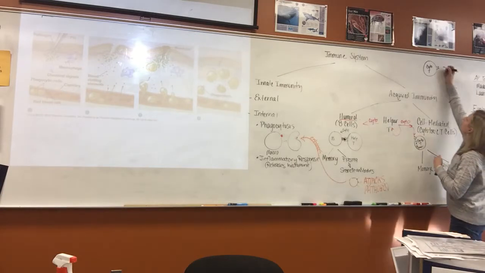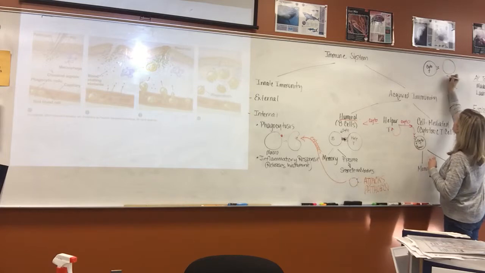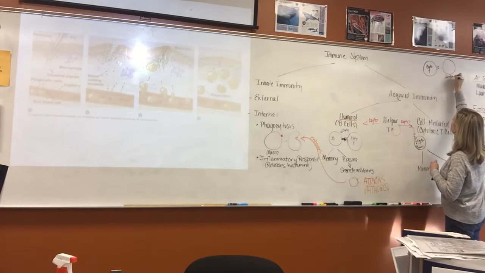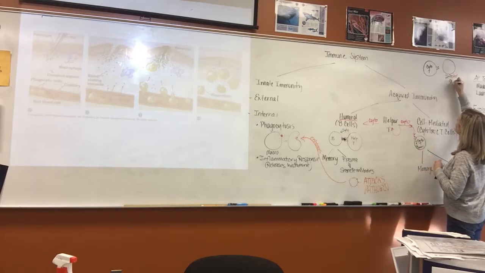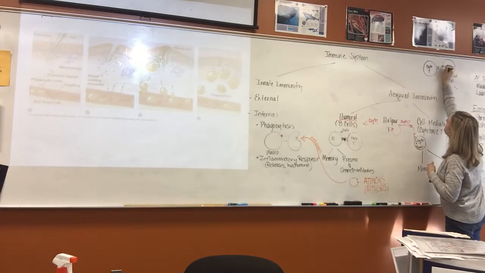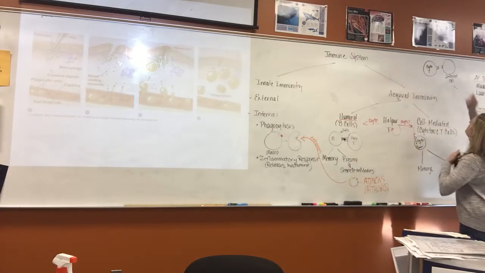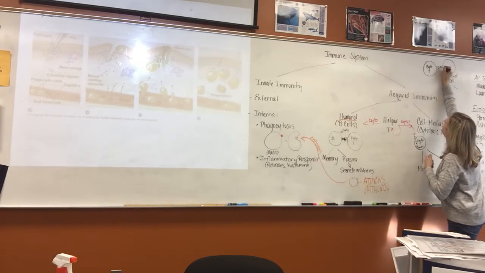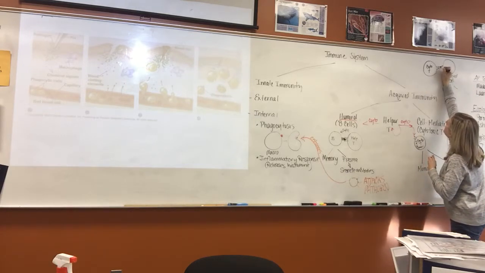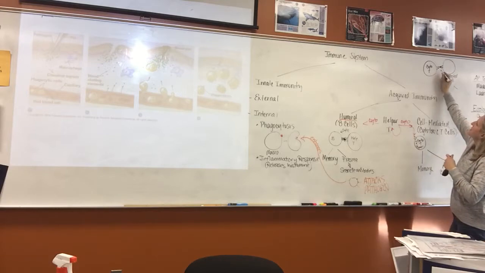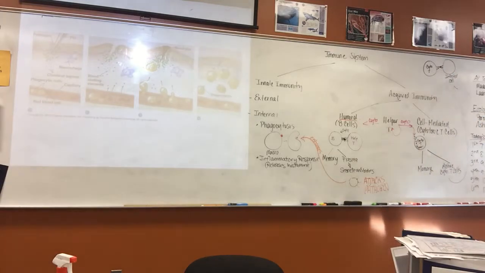So this right here is an infected cell, and infected cells present the antigen on their MHC molecules. Here's the antigen being presented, and the cytotoxic T cells bind to that.